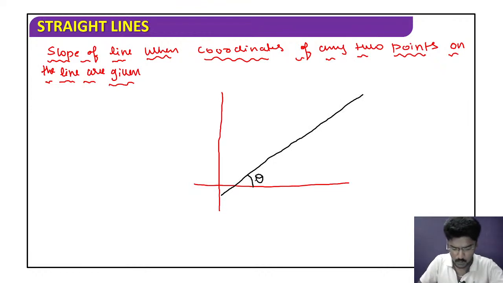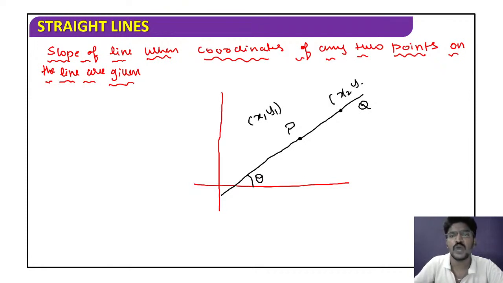Now what I will do, I will take 2 points on the line, that is P and Q. I will take the points P and Q, and I will take P as (x1, y1) and Q as (x2, y2).